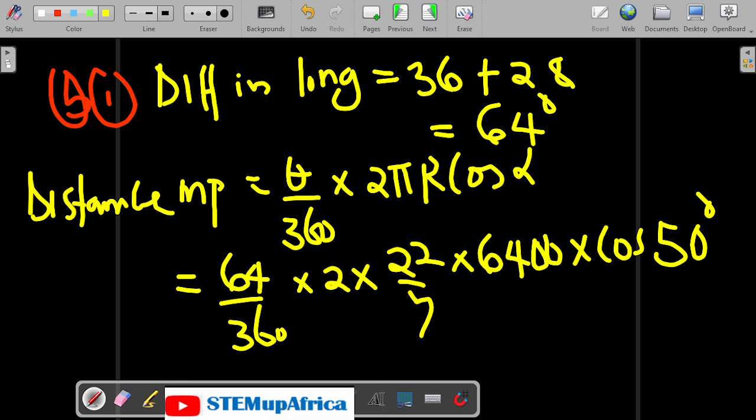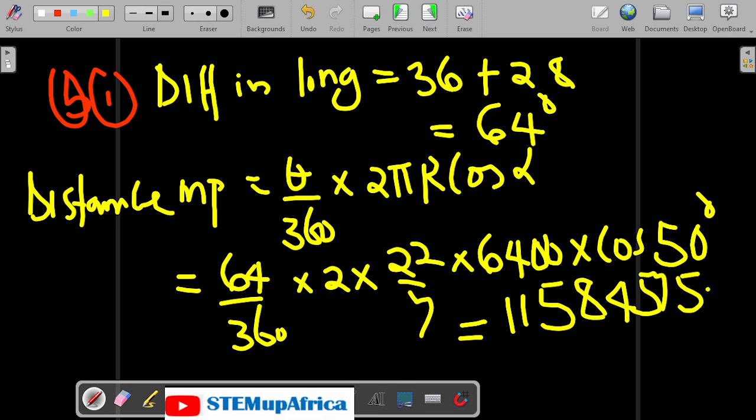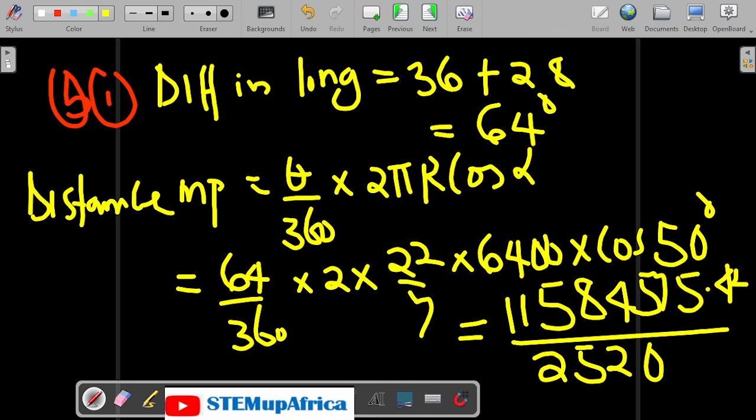It is 50. So I will multiply the entire numerator: 64 times 2 times 22 times 6400 times cos 50. That will give us 115,845,75.42. Then 360 times 7 will give us 2520. So if I divide, what am I having?